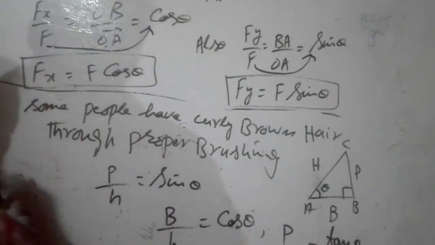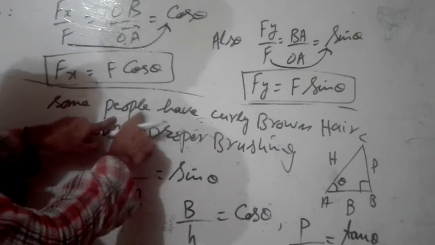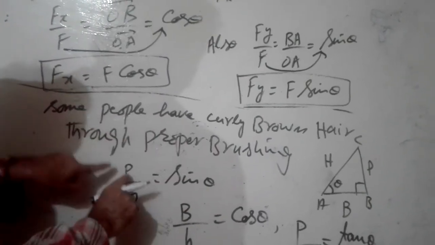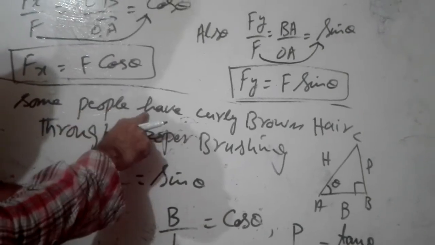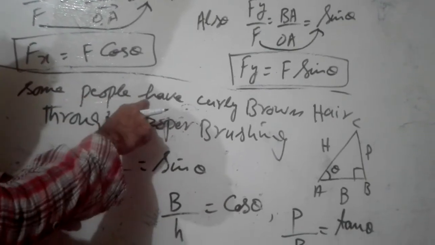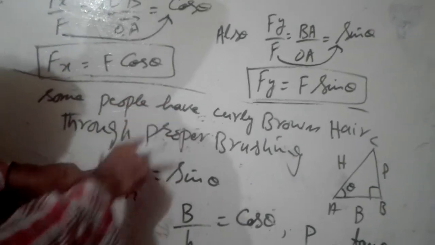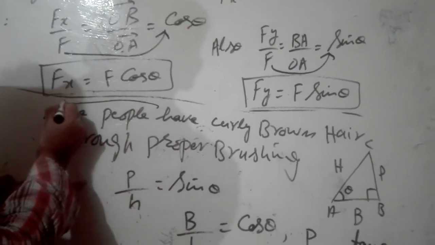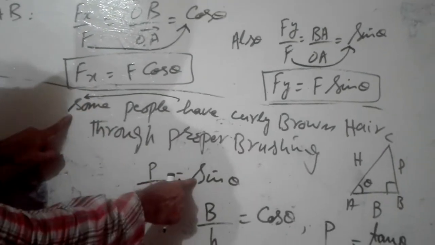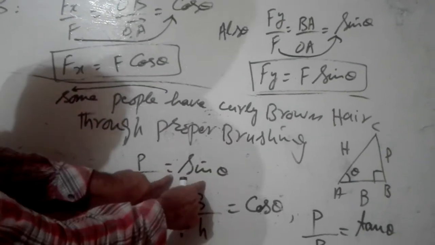It is very simple. People have: P for perpendicular, H for height. Divide P by H, perpendicular over height, and come back with the first letter S, S for sine. So perpendicular over height will be sine theta.